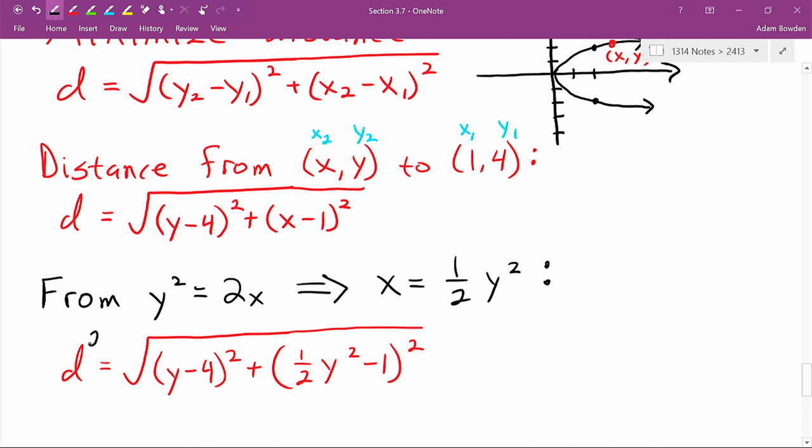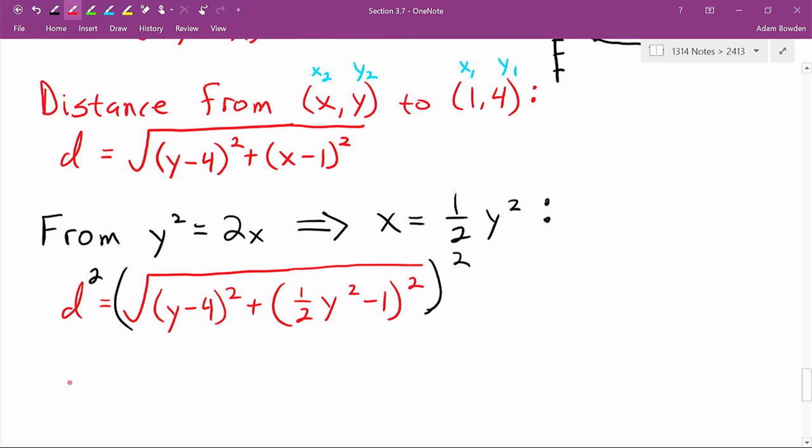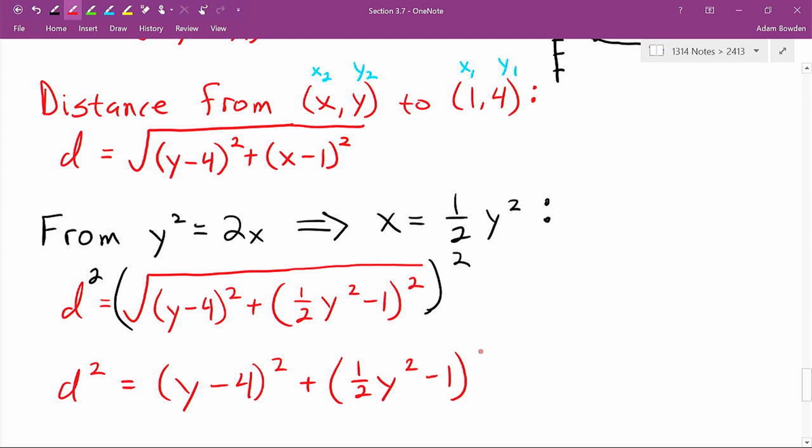I'm going to square both sides so that I can reduce down that square root, make it a little bit easier to handle. So d squared is equal to y minus 4 all squared plus 1/2 y squared minus 1 all squared.